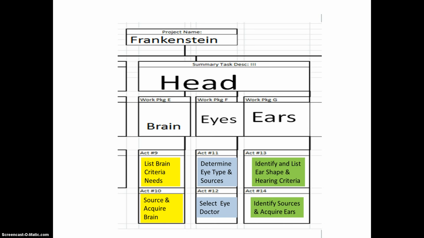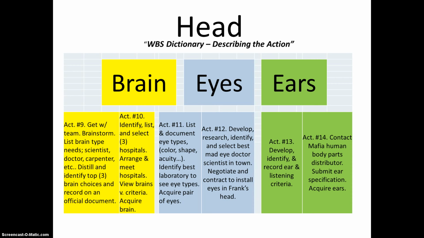Now, what we need to do at this level is, once we've identified the activities, support those actionable items with a work breakdown structure. We concluded from our prior video blast that with the brain we had an activity 9 that speaks to the description of the work we would be doing.